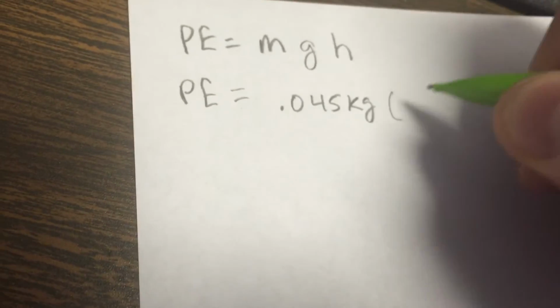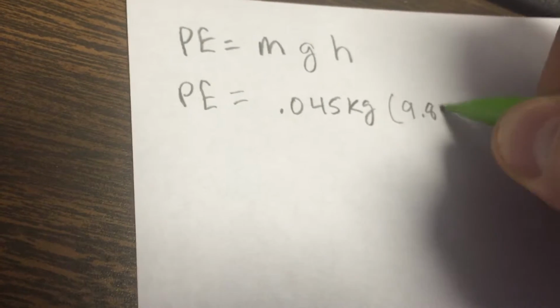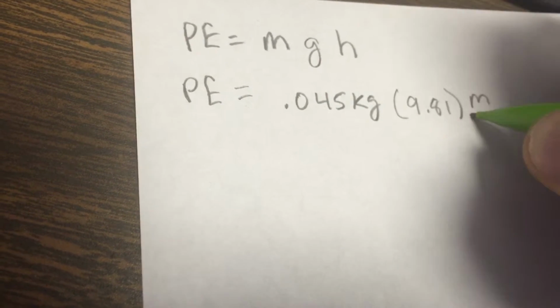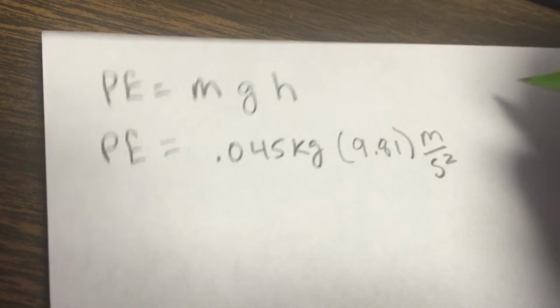And in this particular case, our golf ball's mass is 0.045 kilograms. Gravity is 9.81 meters per second squared.